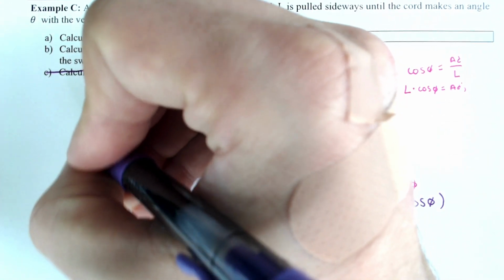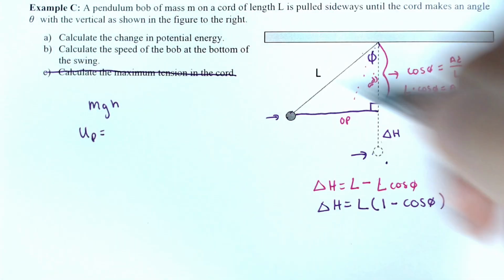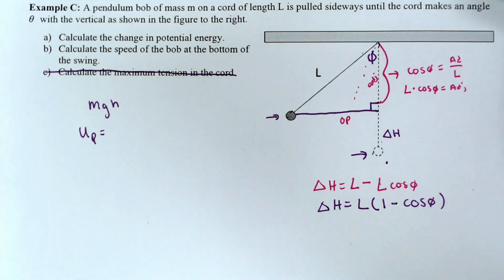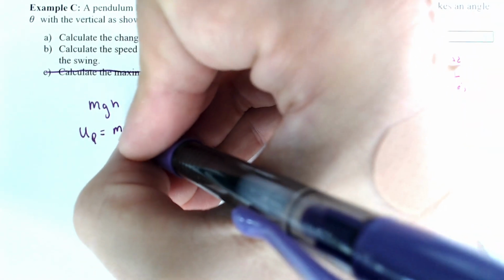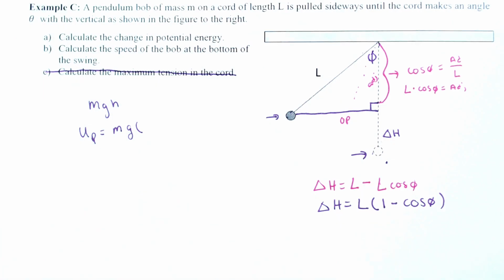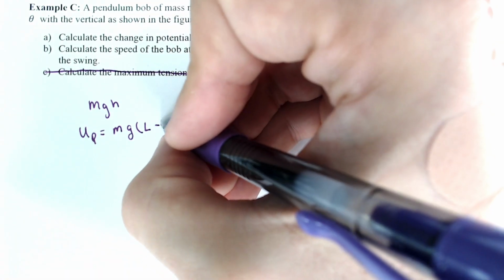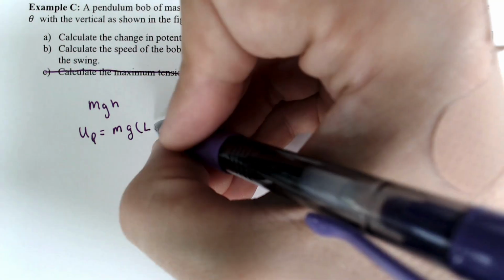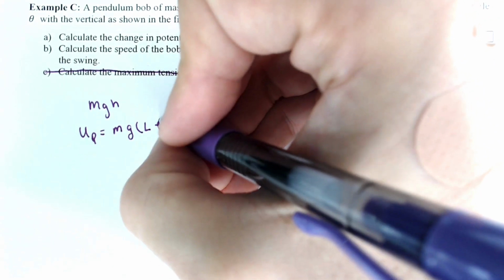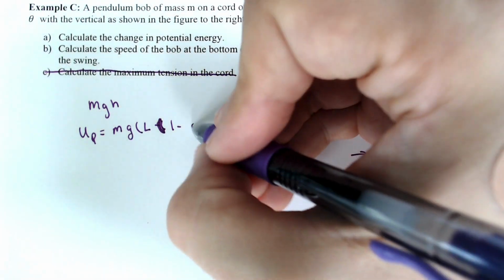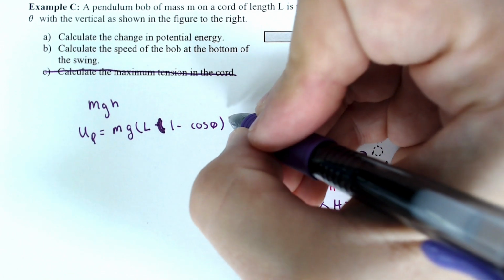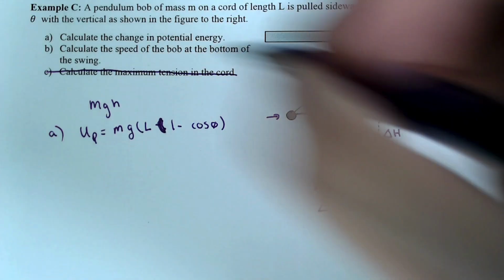So our change in potential energy, which we could call U, would equal our mass times gravity times L times 1 minus cosine of theta. All right, so that's part one.